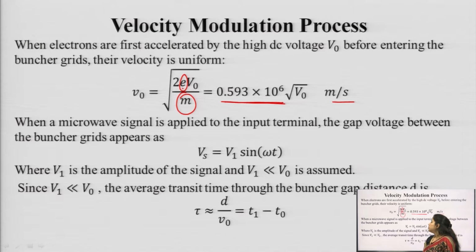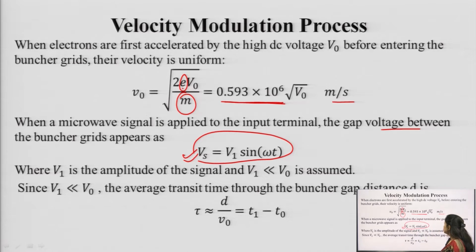Now the microwave signal which has to be amplified is inserted into the buncher cavity of the two cavity klystron, and when a microwave signal is applied to the input terminal, the gap voltage across the buncher cavity appears as this one.